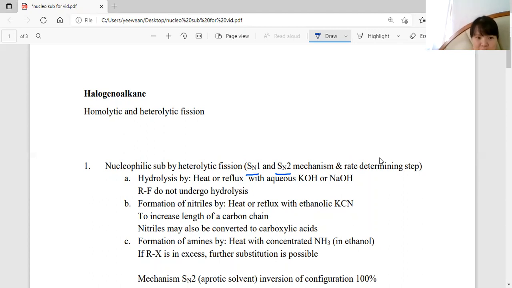Okay, you might have already learned the free radical substitution, whereby you see chlorine in UV light. The homolytic fission is going to happen. What does that mean?